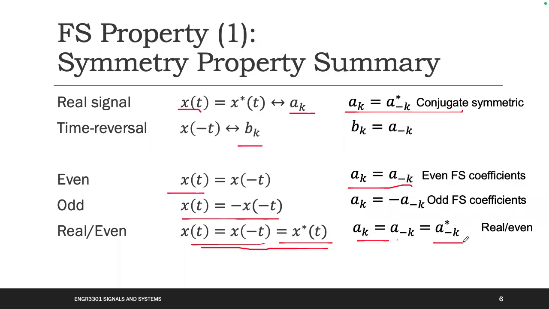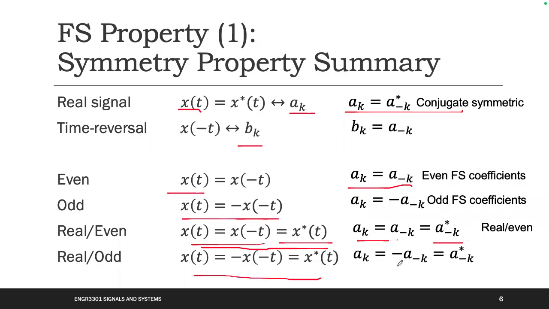That makes sense to you? Okay, and then if your signal is real and odd, you will have this property. Those three will equal each other, and a_k will be imaginary and odd. That makes sense to you? We have already proved it in last class if you want to review it.